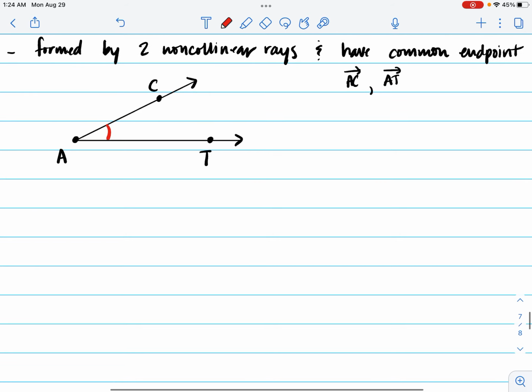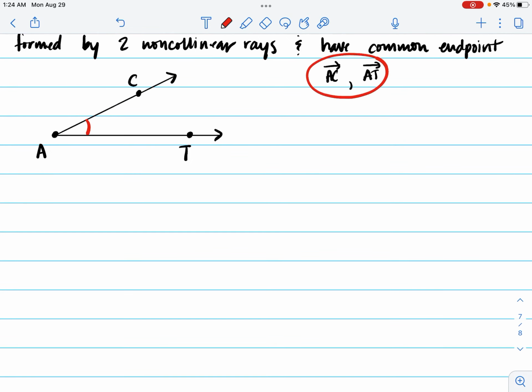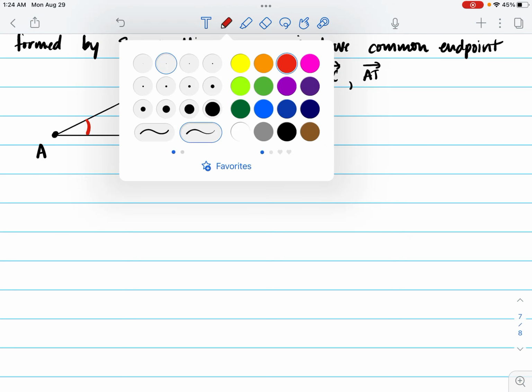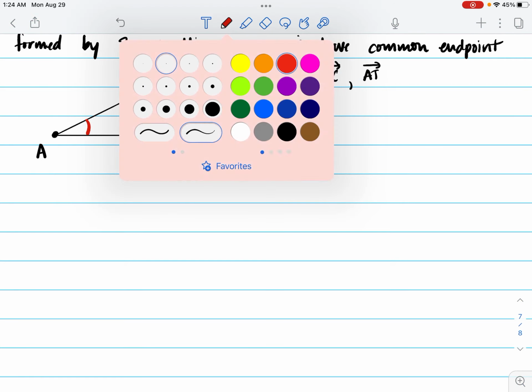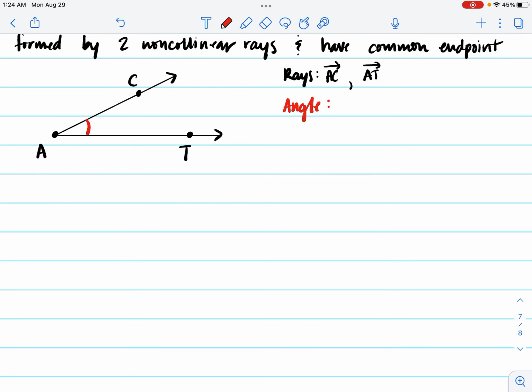Now, you could also name this angle. So these are the names of the rays. If you want to put rays here, that's perfectly fine. But let's look at this angle. I should have done this one in red. This should be in black, because the rays were in black. And then angles, there are a lot of different ways to name this angle.